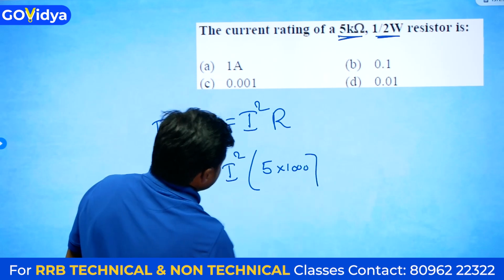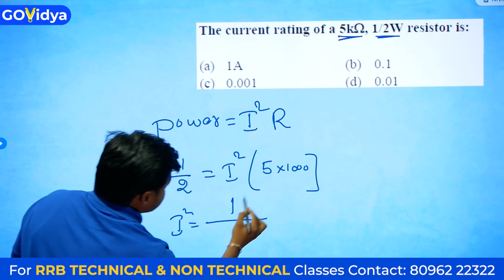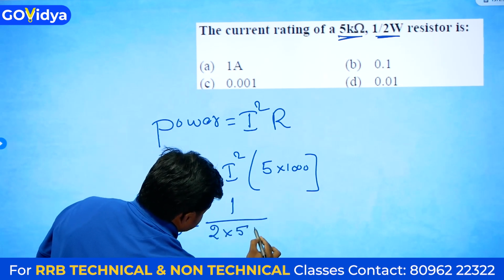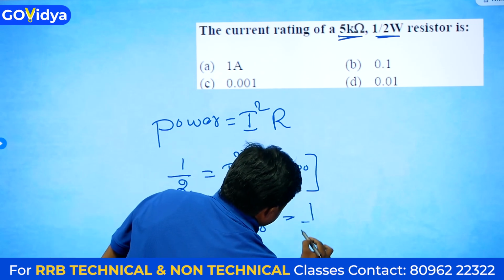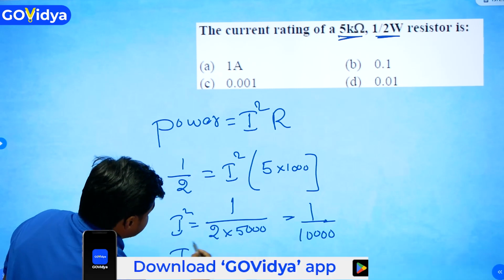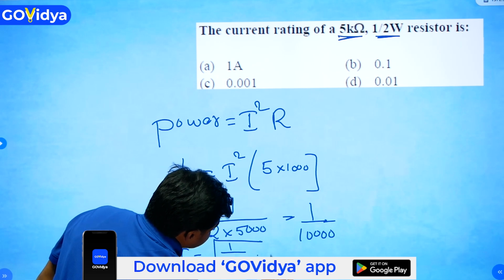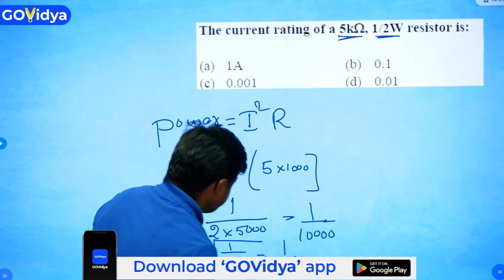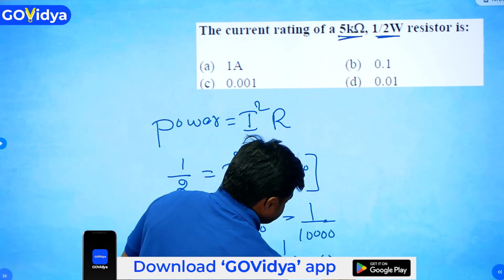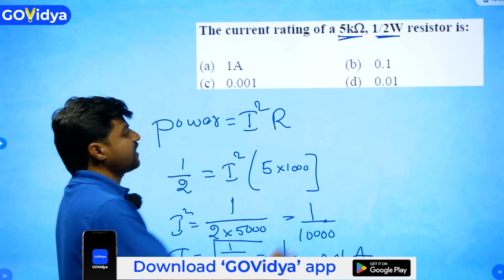So I square is equal to 1/5000 into 2, which is 1/10,000. I is the square root of 1/10,000, which is 1/100, equal to 0.01 amperes. From the options, option D is the correct answer.